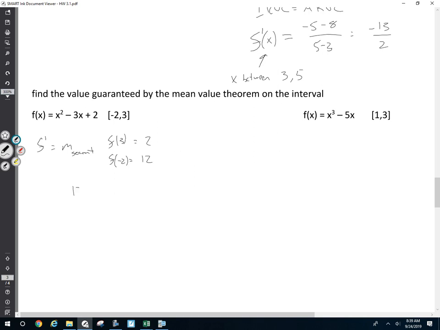The secant slope is 2 minus 12, I've gone down 10, over 3 minus negative 2, which is 5. That's negative 2. I'm going to see when my tangent slope generator generates that tangent slope. Add 3, divide by 2. I get that. That looks right.